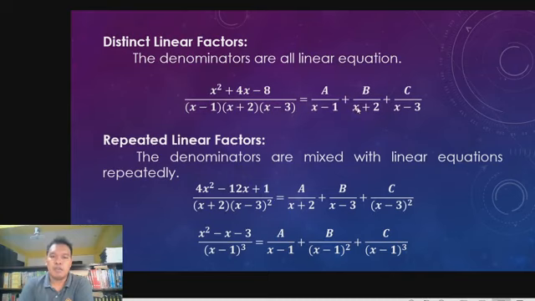Then, for repeated linear factors, ganito po yung magiging itsura niya. So, we have A over x plus 2, then B over x minus 3, then C, yung naka-squared naman siya. Then, kapag naka-cube naman po, lalagay mo muna yung A with the denominator x minus 1, then B with the denominator x minus 1 squared, then the C with the denominator x minus 1 cubed, no?